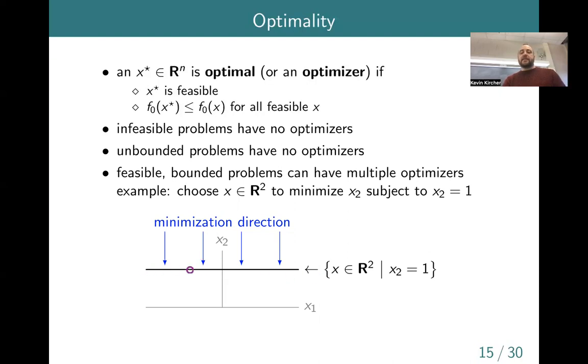But we're stuck on this line, which is the line in R2 that satisfies x2 equal to 1. That's basically the line y equals 1. So any point of the form x1 comma 1 is optimal. There's an infinite number, a continuum, of those points.